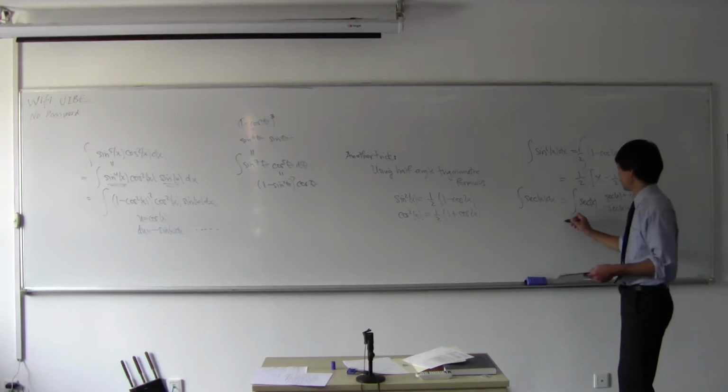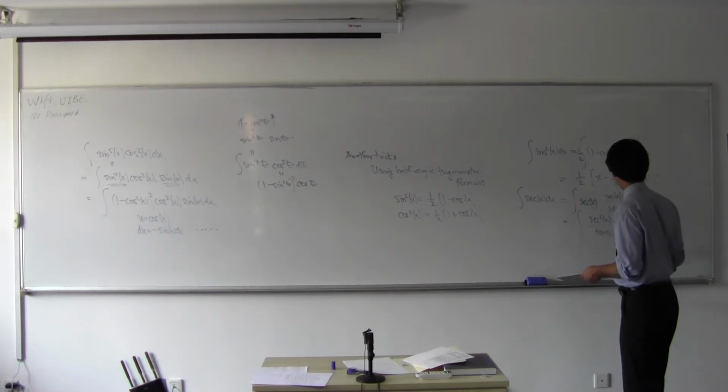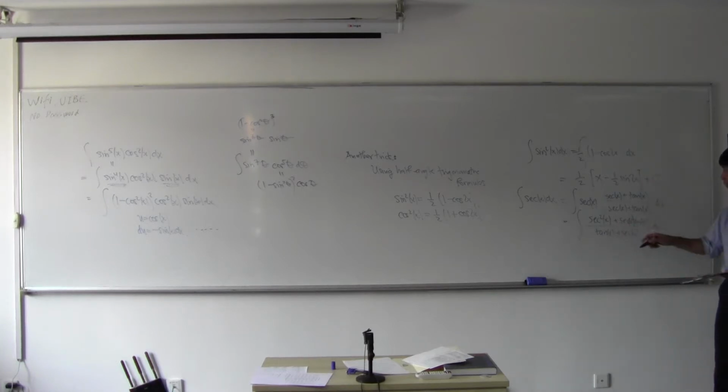What you end up with is the integral of secant squared x plus secant tangent over tangent plus secant. That is, secant squared plus secant times tangent, over tangent plus secant. But maybe you recognize what happens.